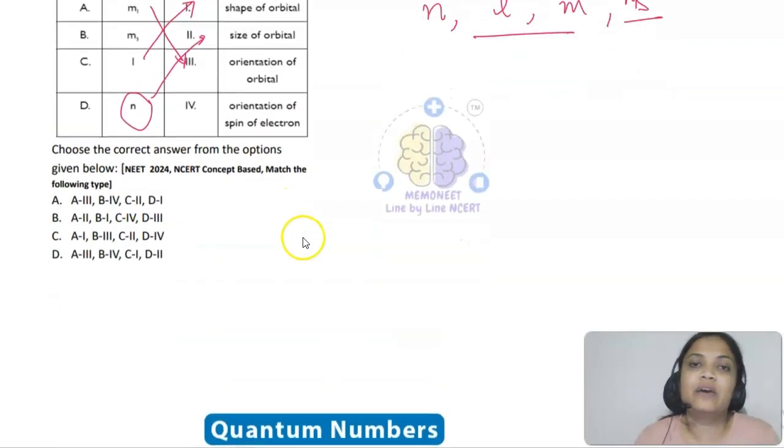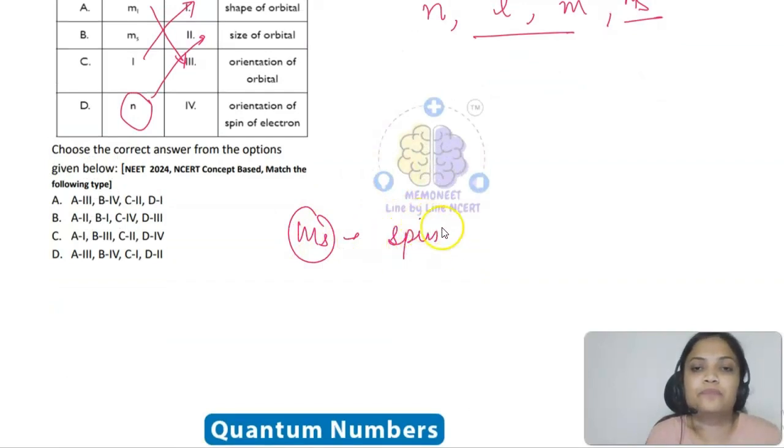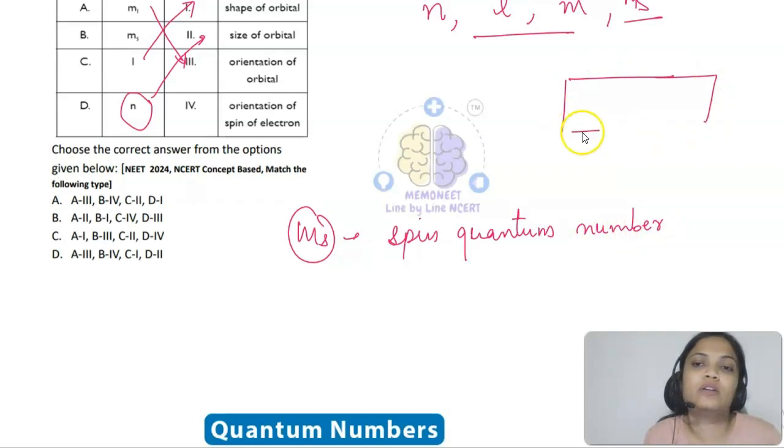Ms is left. Now Ms, I'll tell you, Ms is the spin quantum number. Now whenever there are electrons in a particular orbital, let's say this is px, py, pz.